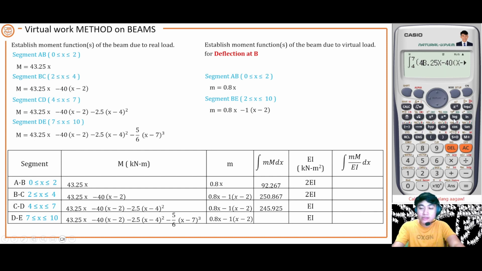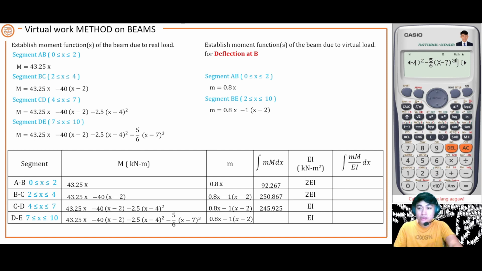And then next is the fourth segment, for x minus 4. Okay, so we have a fraction here, 5 over 6 of x minus 7, cubed.